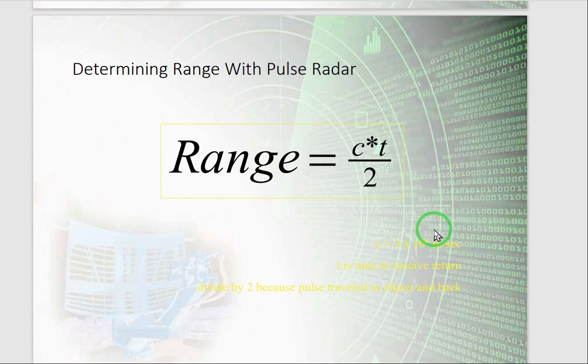The range of the radar can be found by a formula. The range is the distance at which the radar is effective, and it is found by the formula R = CT/2.